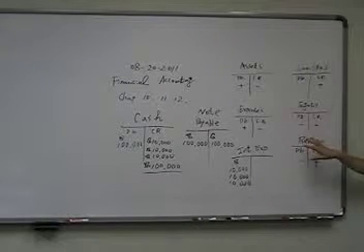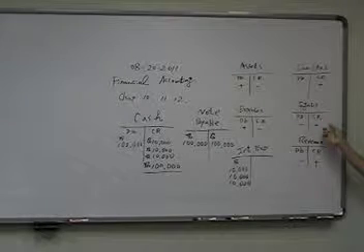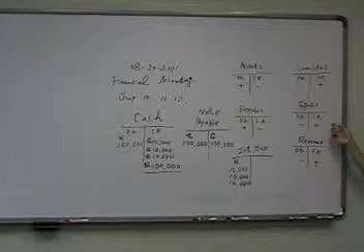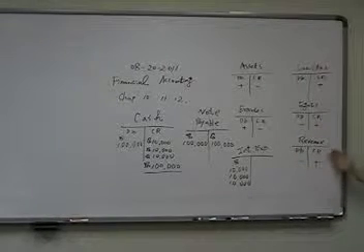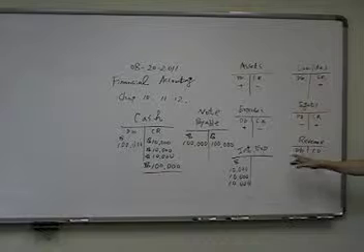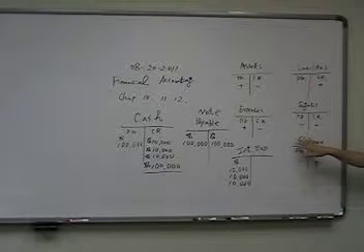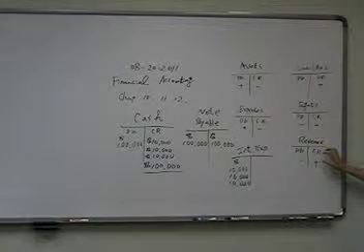Close this account and move to the other side, so it becomes shareholders' retained earnings. Say revenue 100 and expenses 50, so you have 50 on the left side. In order to close this 50, you need to put the 50 on the right side.